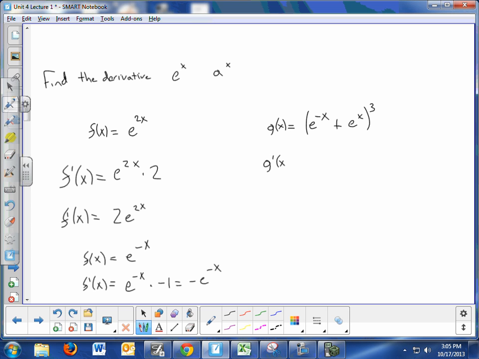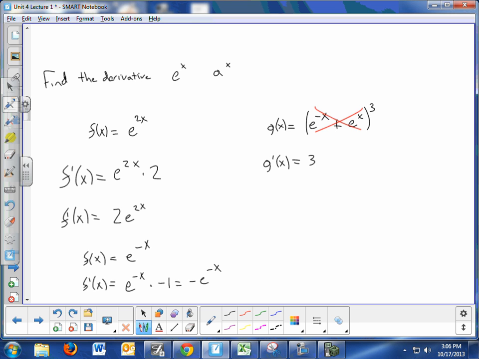For this one, the x cubed is the outside function. Then we have the derivative of the inside to worry about. My first step is to take the derivative of my big red x cubed.